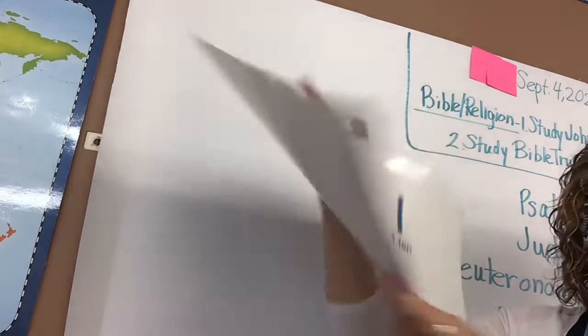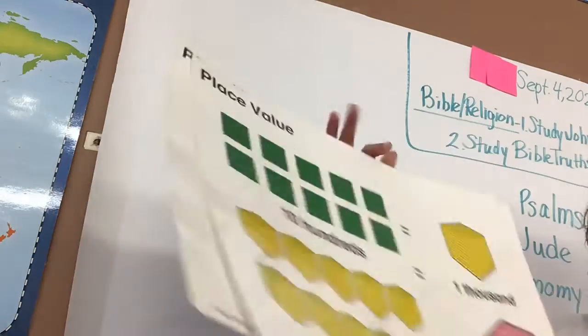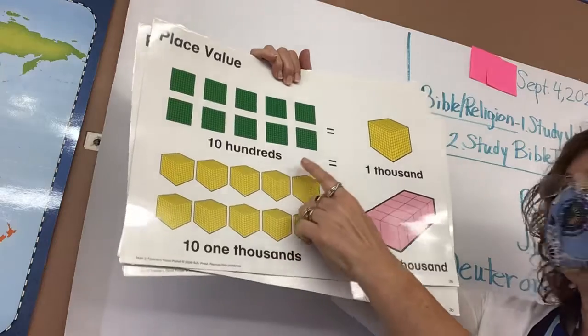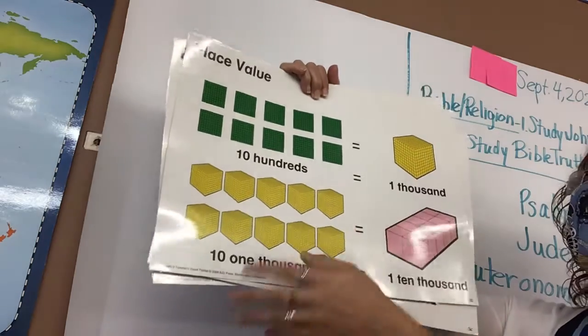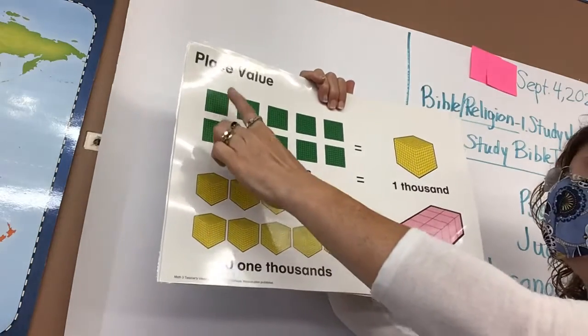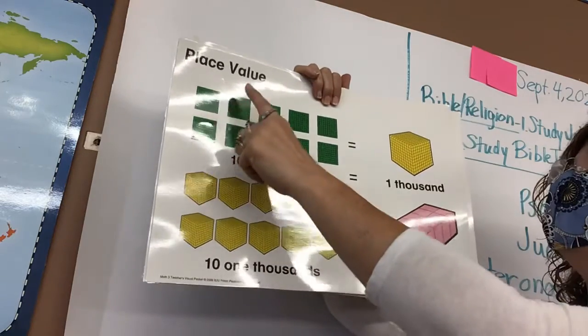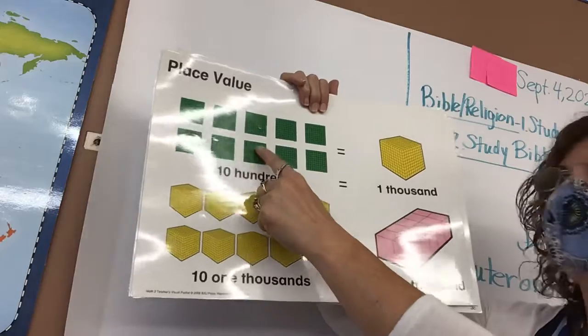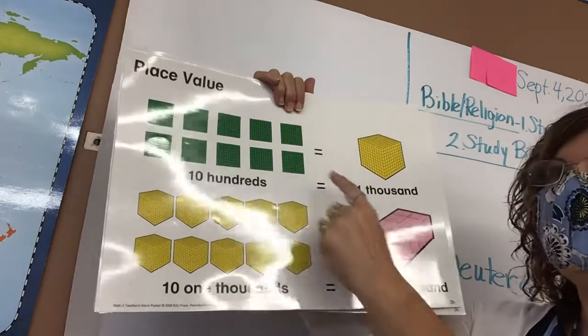10 ones equals 10. Then we went on to learn that 10 hundreds, everybody say it with me, equals 1,000. So let's count them out. We're going to count by hundreds. 100, 200, 300, 400, 500, 600, 700, 800, 900, 1,000.